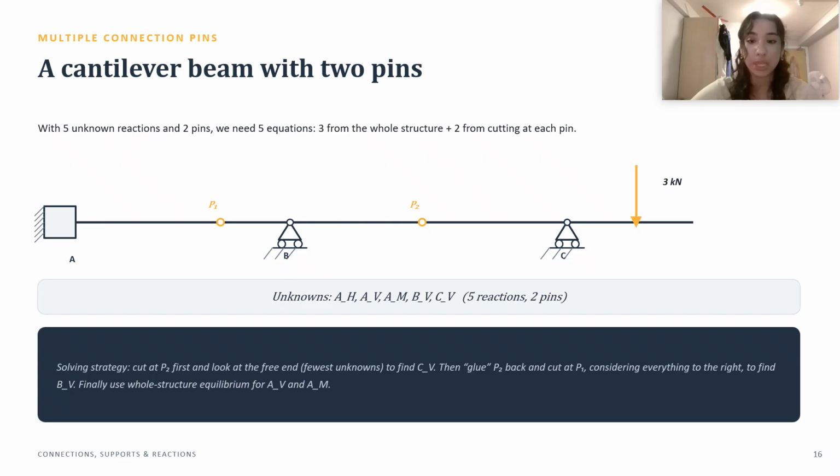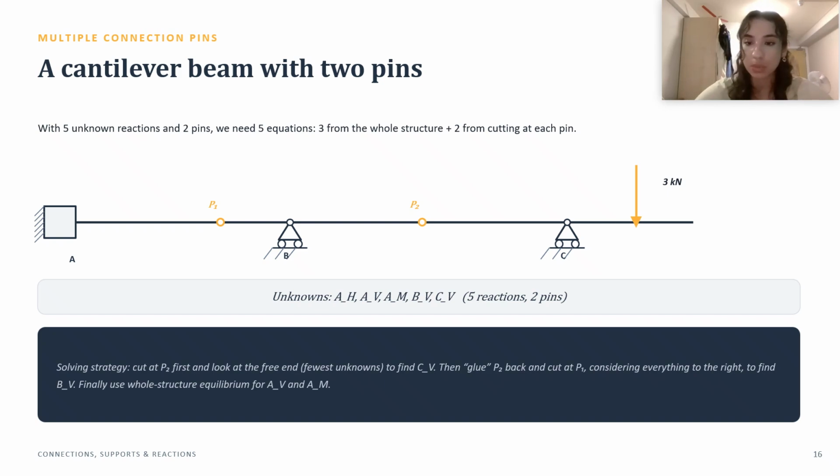Now for B, B actually will have only one reaction, vertical, BV, and then C will be CV. However, A has 3 degrees of freedom, so we have AH, AV, and AM. So here we have 5 reaction forces we need to find.